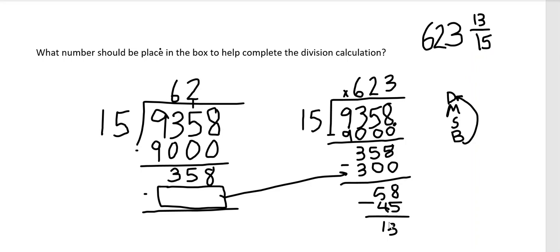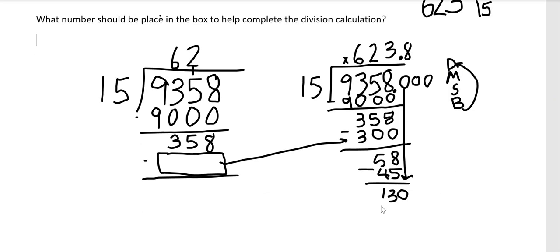If we wanted to continue by putting our decimal and then adding as many zeros to that 9,358.00 as we want, then we could continue dividing. Bring down a 0 and keep dividing. 15 goes into 130 8 times, and 8 times 15 is 120. So I divided, I multiplied, now I need to subtract.